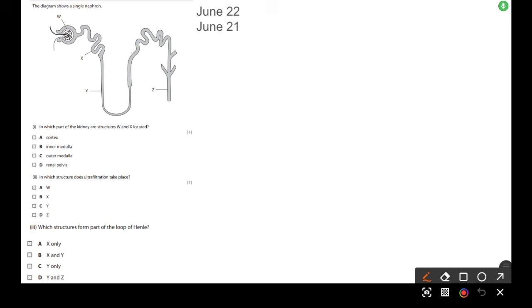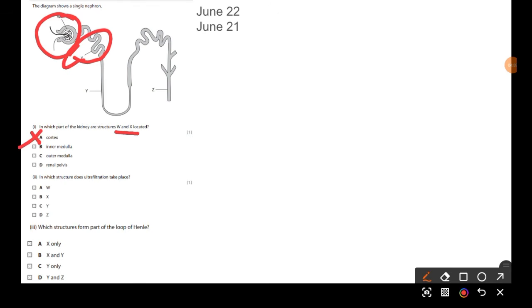The last set of questions here, the diagram shows a single nephron. In which part of the kidney are W and X located? W and X is this, the Bowman's capsule and the glomerulus, and the PCT. So we already said that it is in the cortex.